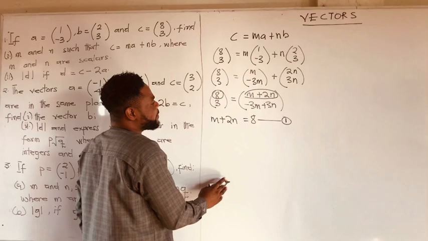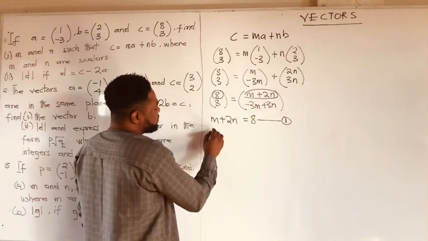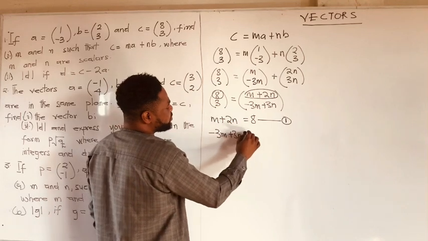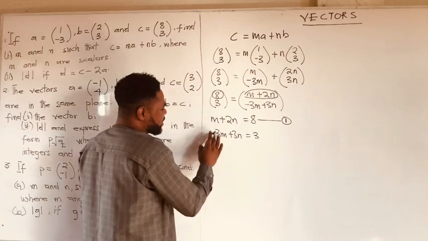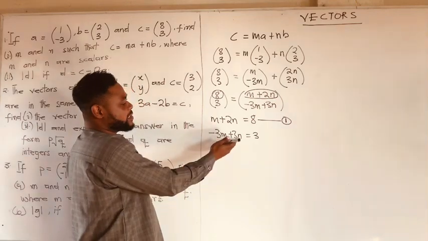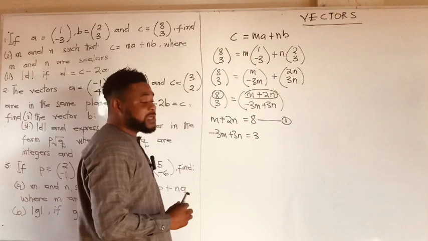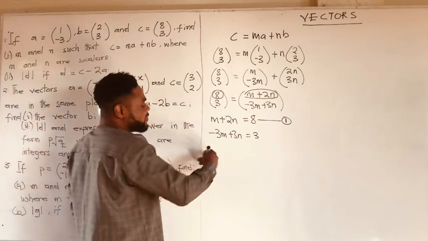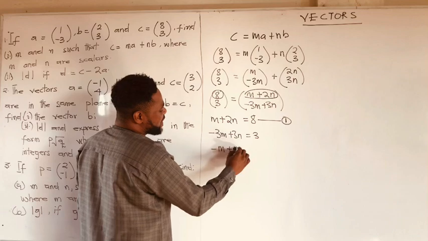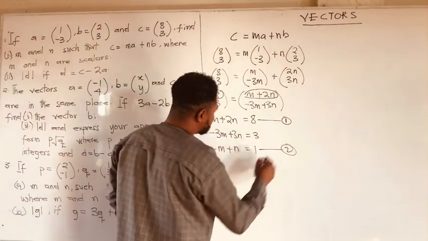Again, this must be equal to this. So minus 3M plus 3N should be equal to 3. I can see this is 3, this is 3, this is 3, so I can reduce it by dividing through by 3. When I divide through by 3, I have minus M plus N equals 1. Then I can name it equation 2.